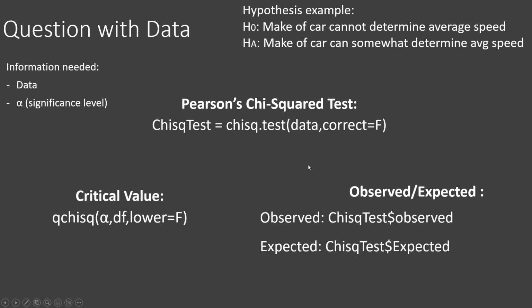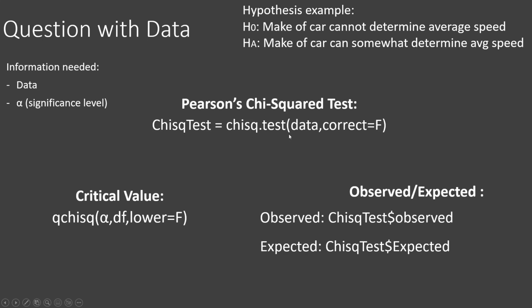Occasionally they'll ask for, say, the expected values. An important thing you should do when you're doing this test is to name it. You can name it cheese.test, or just name it A to make it quick. But name the test.